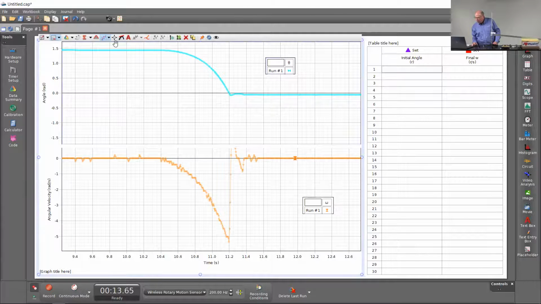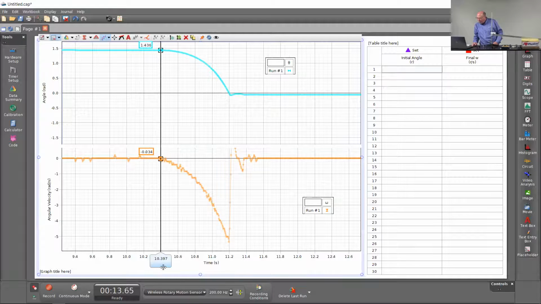So here is the angle, and I want to know what the angle was before I let go. So up here is the multi-coordinate tool. You can also use the coordinate tool. I like the multi-coordinate tool. So wherever I move that, it tells me the y values on both graphs and then the x value down here.